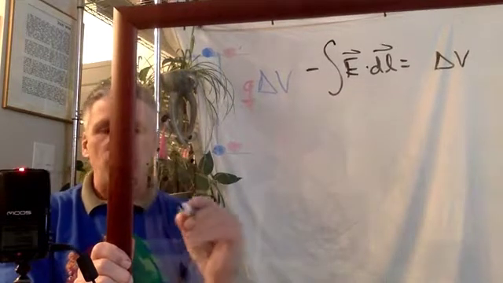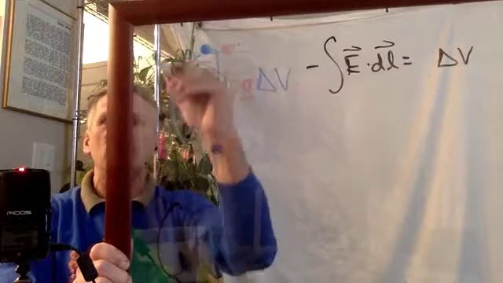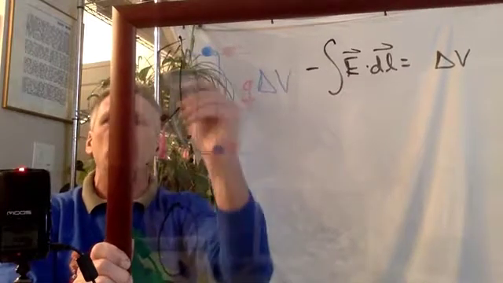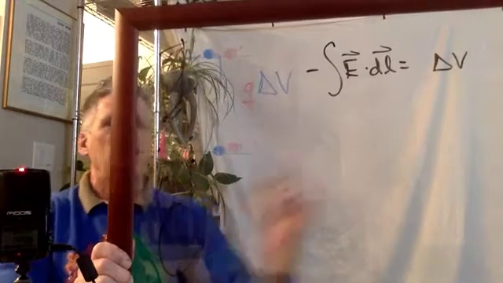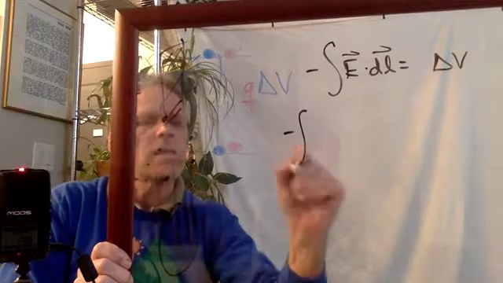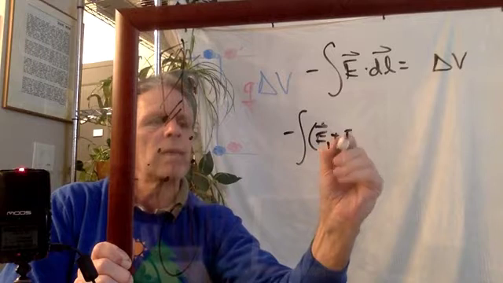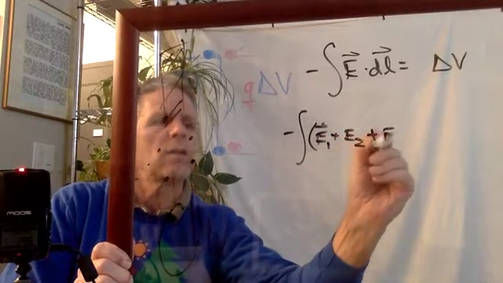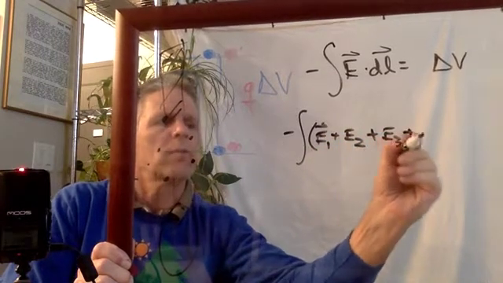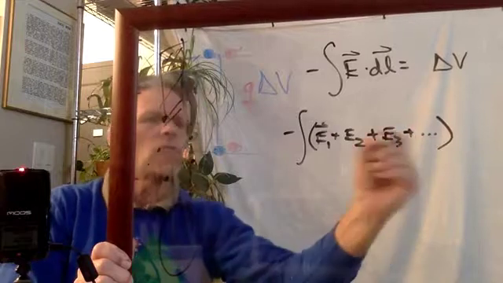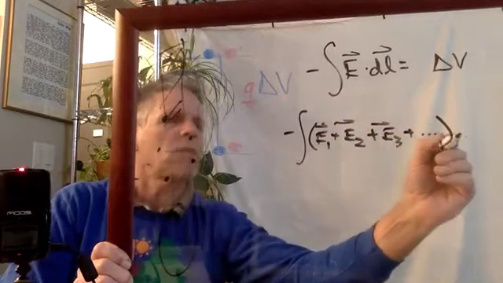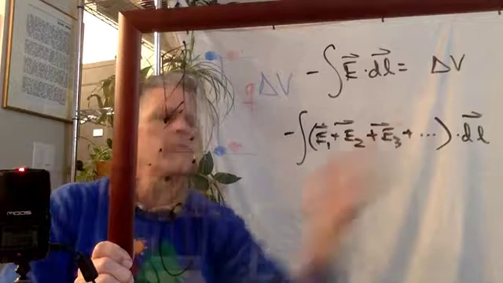We could make E from a ring of charge. We could make an E from an infinite plane of charge. So whatever this E is, it could be that this is E1 plus E2 plus E3 plus and so on. However many E's you want, it could all be that dot dl, right?